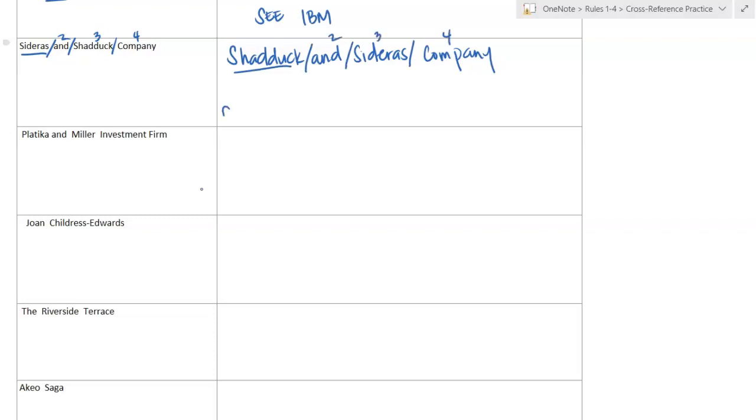And my C notation would be C Sedaris and Shattuck Company.